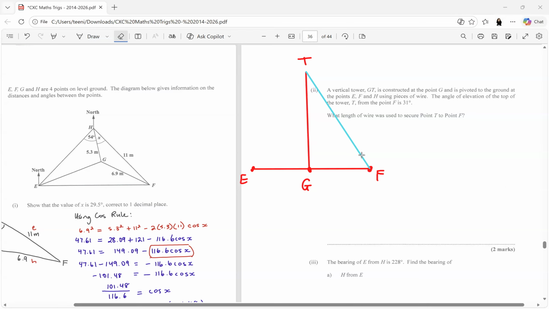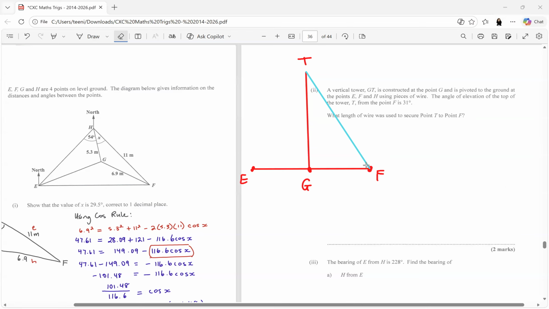It says that the angle of elevation of the top of the tower T, so this is the top of tower T here, from the point F is 31 degrees. Remember, angle of elevation is when you're looking up at something.